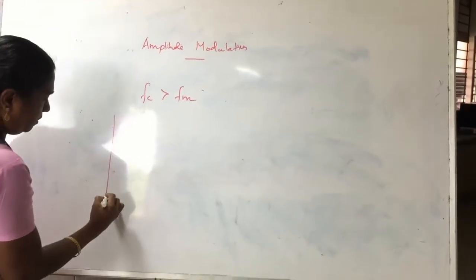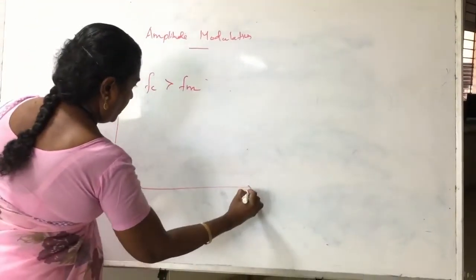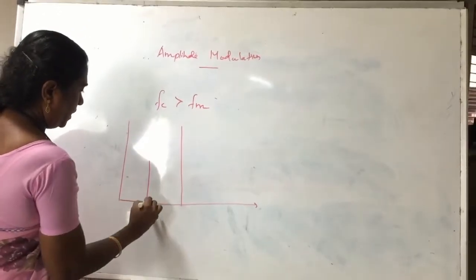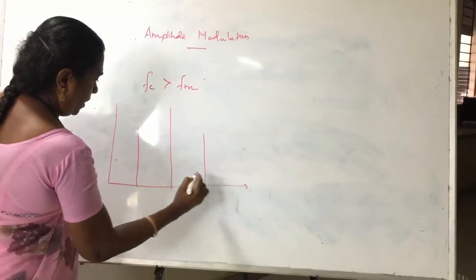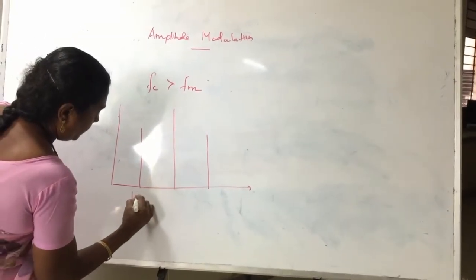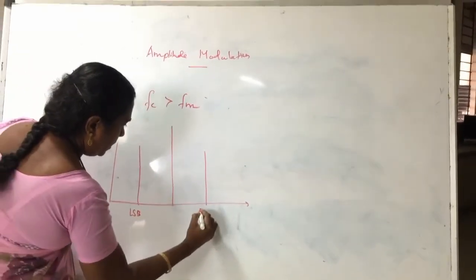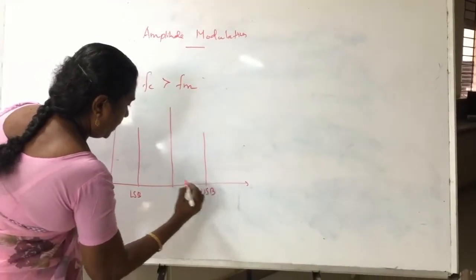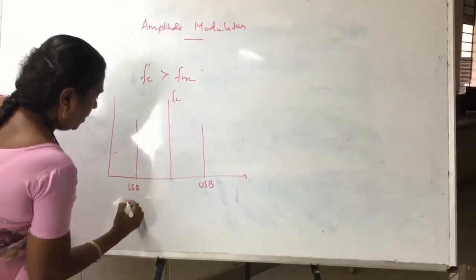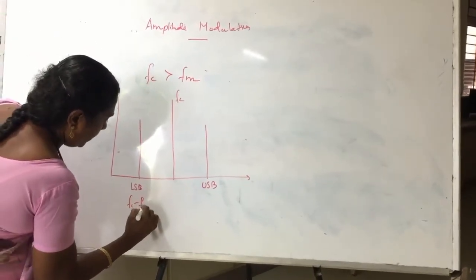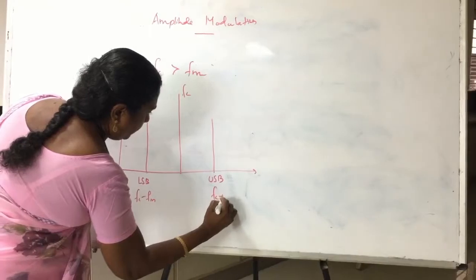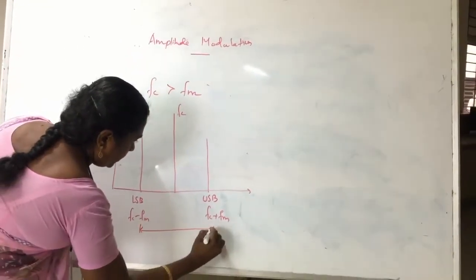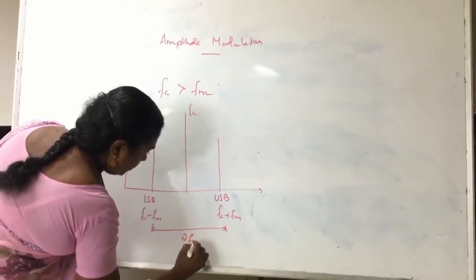So based on the carrier, this is the carrier signal, and this is the LSB and this is the USB. Okay. This is FC minus FM, and this is FC plus FM. The bandwidth of the DSB FC signal is 2 FM.